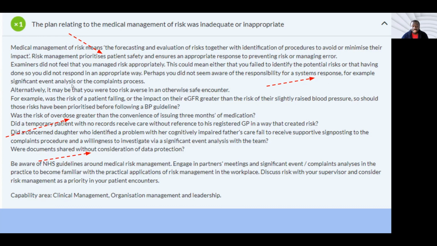And then you need to be telling them that there's something called the significant event analysis meetings, SEA meetings, and you need to tell them about other complaints procedures. They can make a formal complaint with the practice manager, and then there'll be an SEA meeting where these issues will be brought up, and then obviously a case discussion, meetings where you try to discuss the case, the causes, what led to that error or potential error happening.